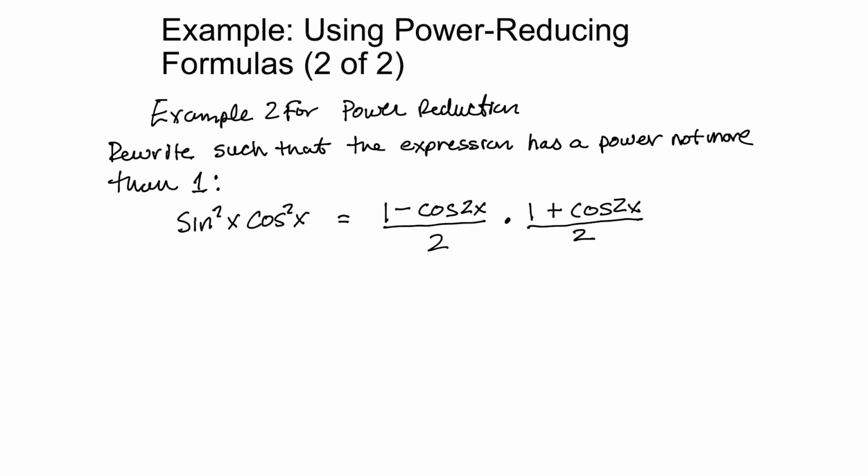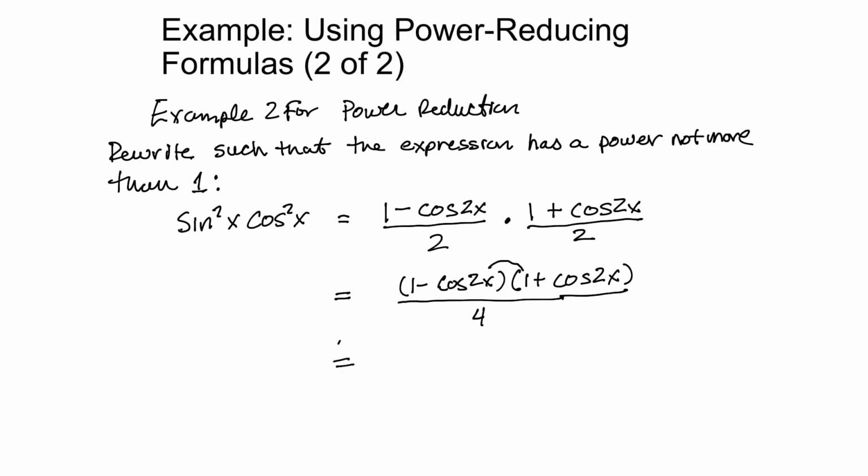Because we're multiplying, we can just go straight across on bottom. So now we have a 4 down here. And on the top, we have 1 minus cosine 2x multiplied by its conjugate. If you notice, these are conjugates of each other. And whenever we have conjugates being multiplied, we get the difference of two perfect squares. The middle terms in our FOIL end up canceling out.